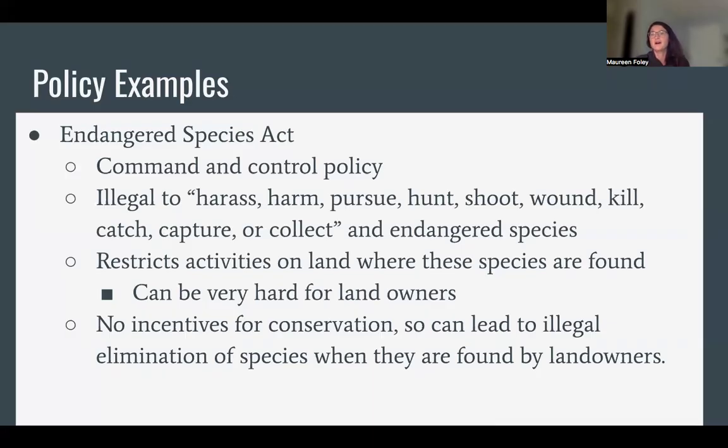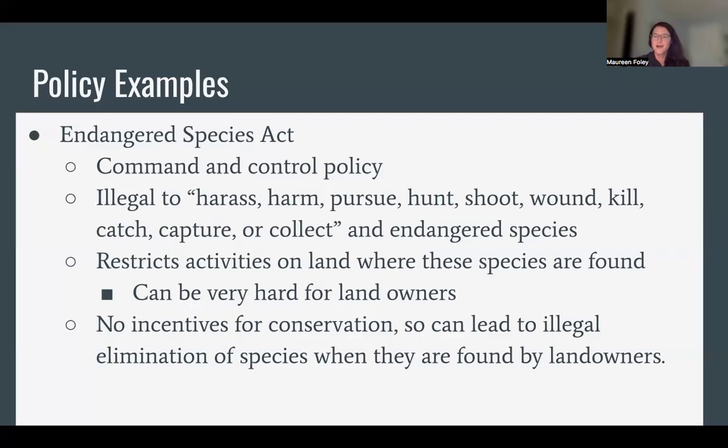Oftentimes these areas where we find endangered species, they do not allow any logging, they do not allow any agriculture. Sometimes, depending on what the species is, you can work with them to both provide conservation habitat and do whatever economic activity you intend to do with the land. But this can be really hard for landowners.